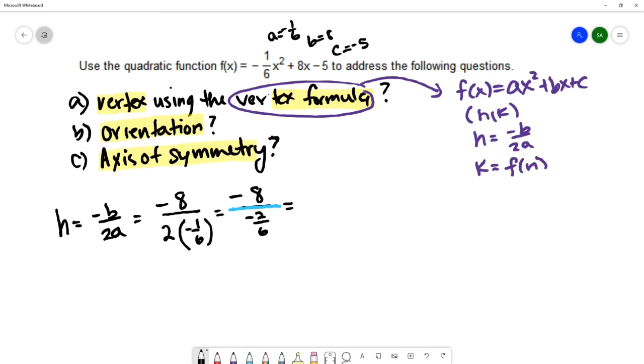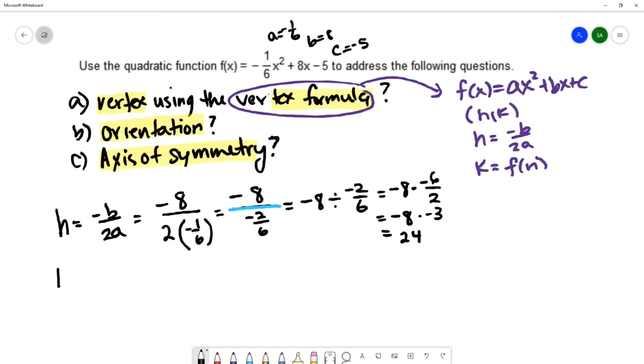So let's rewrite this as negative 8 divided by negative 2/6. And then we can rewrite division of fractions as multiplication. That's negative 8 times negative 6 over 2. And negative 6 over 2 is negative 3. And negative 8 times negative 3 is a positive 24. So we've got that the x-coordinate of our vertex is a positive 24.